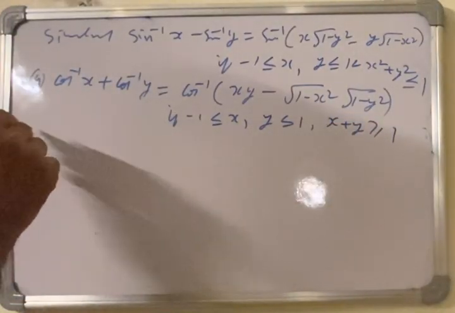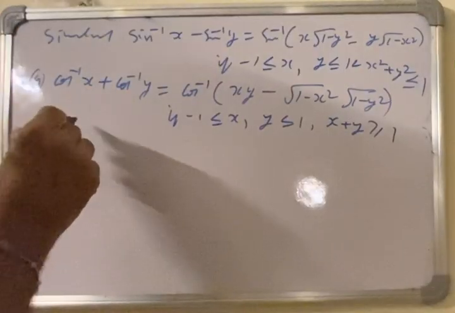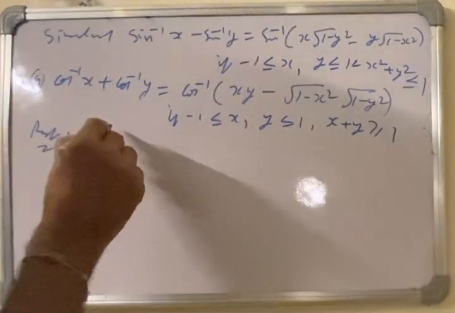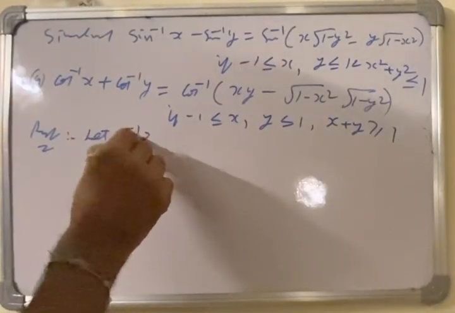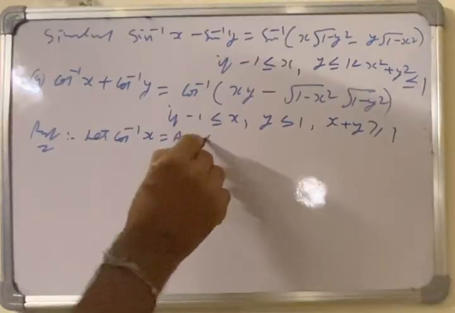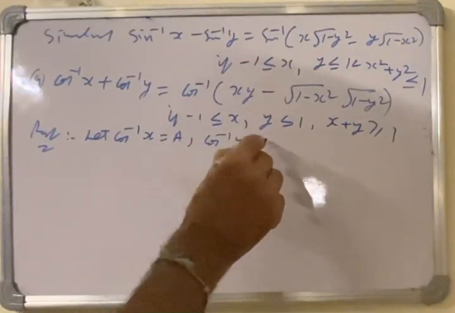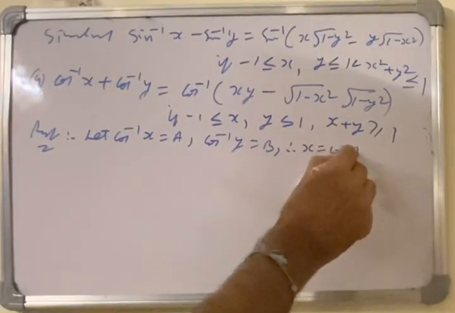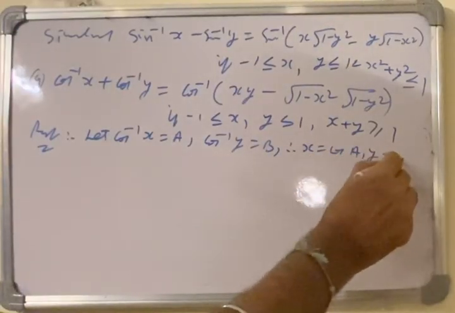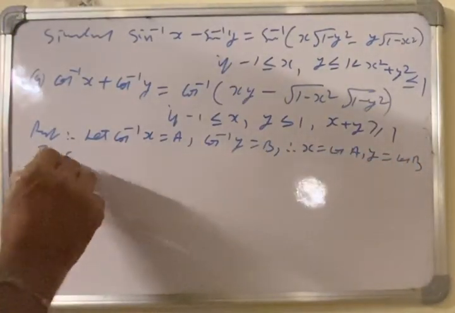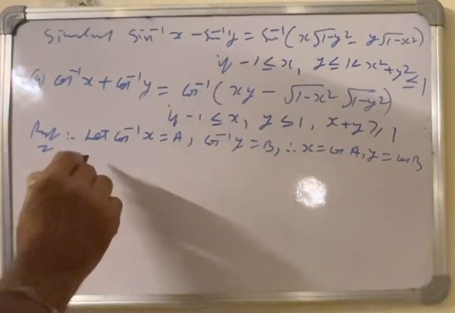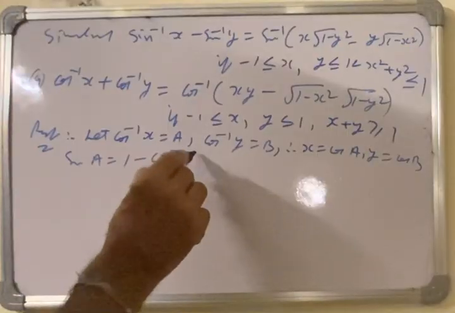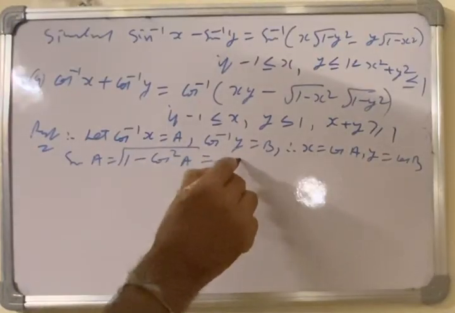Proof, as we have done in case of sine. Let cos inverse x is A, cos inverse y is B. Therefore, x is cos A, y is equal to cos B. Sine A is square root of 1 minus cos square A, which is square root of 1 minus x square.